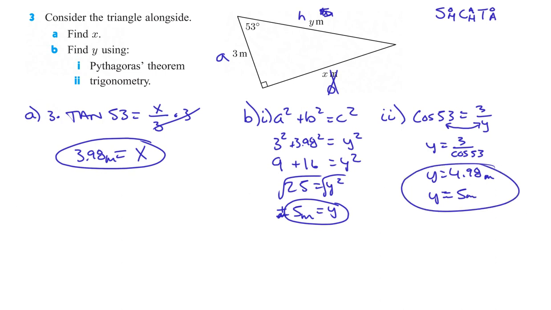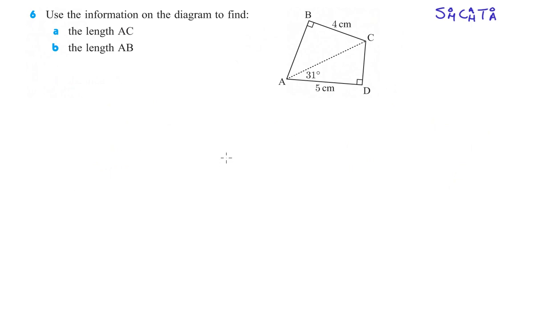Okay, one last one is number 6. Use the information in the diagram to find the length A to C. So we want to find A to C. We don't have enough info to find out what AC is right off the bat, but, oh, no, wait.